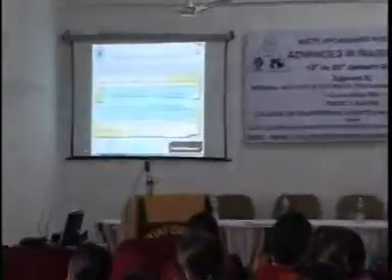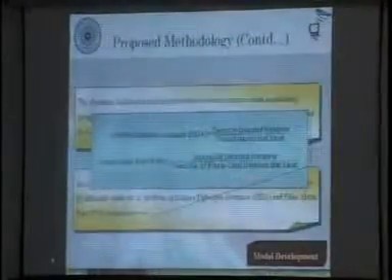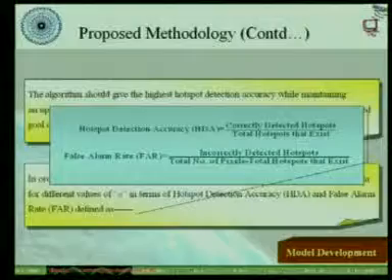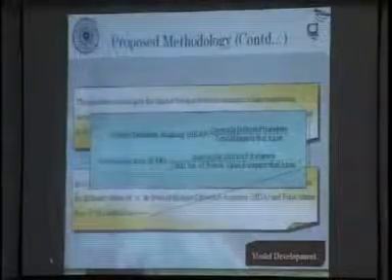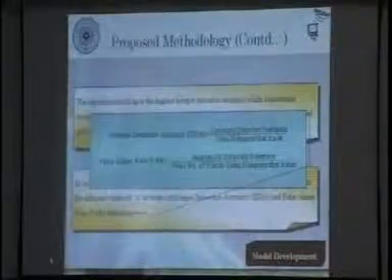So this is the formula we have defined: correctly detected hotspots in total hotspots that exist, and incorrectly detected hotspots over the total number of pixels minus total hotspots that exist. So we have defined 2 parameters to say how good our algorithm is. Why am I talking about all these things here? Because once we are talking about images, a lot of quantitative approach is required.